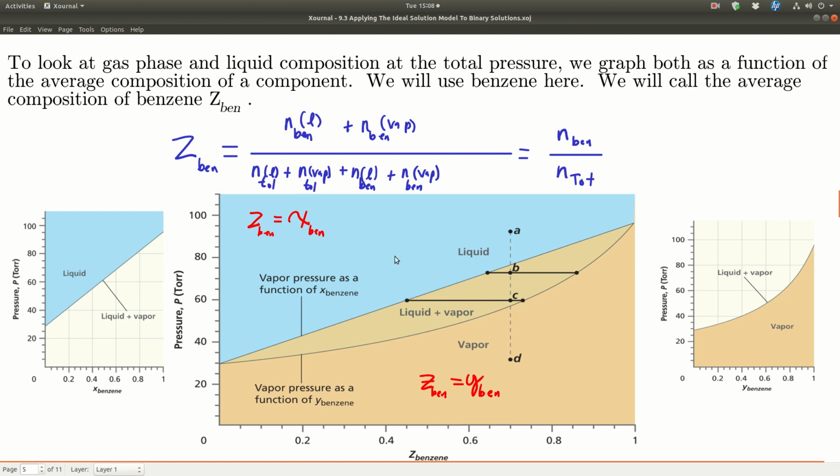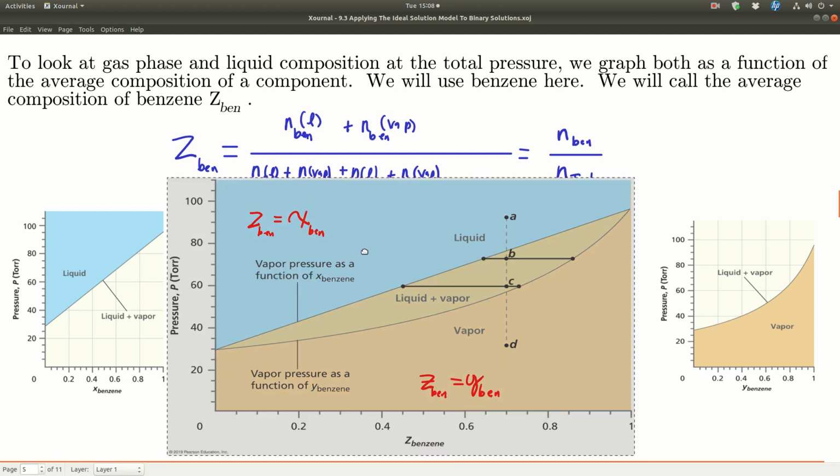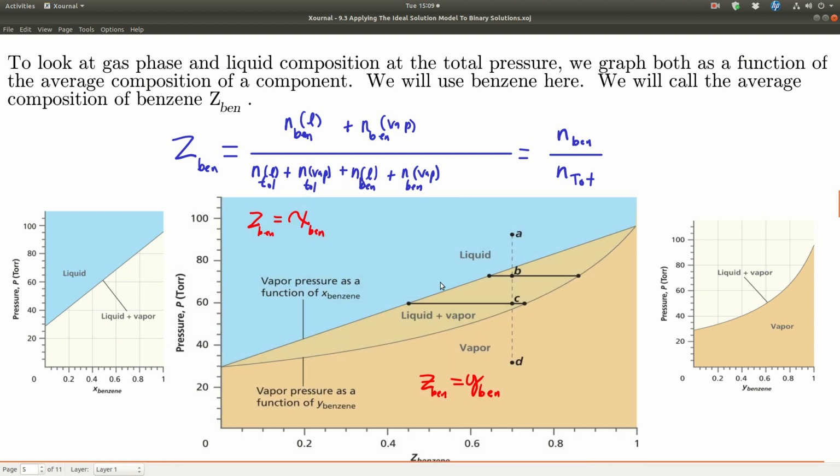So in this diagram, any time you're in this area in the liquid region, the Z benzene, the average composition of benzene or whatever component you're talking about, is just the mole fraction in the liquid phase because it's all liquid up here. Likewise down here, Z, whether benzene or whatever we're talking about, is equal to the mole fraction in the gas phase because everything is a vapor down here.